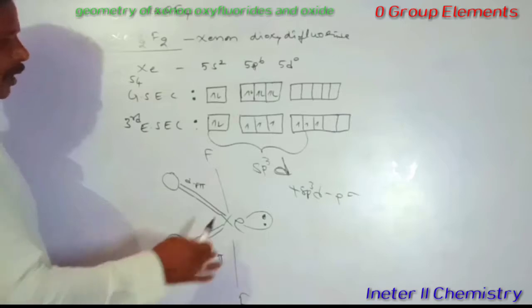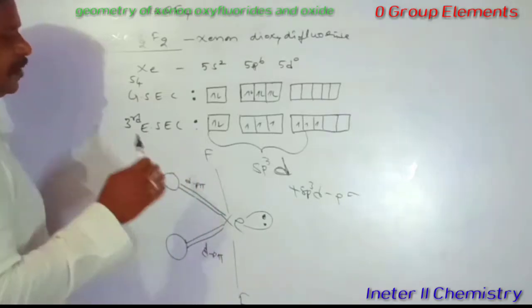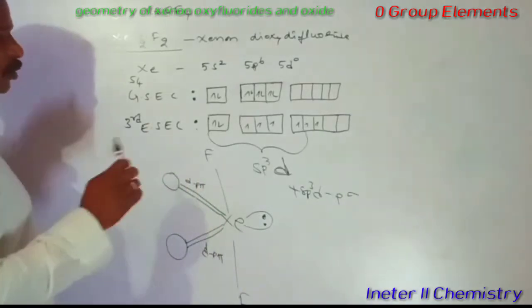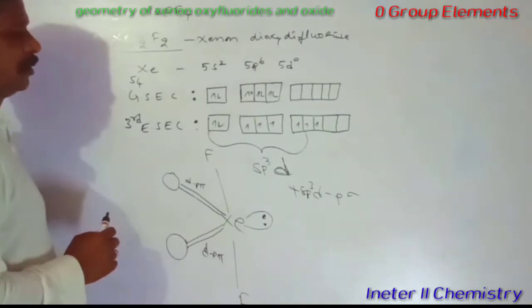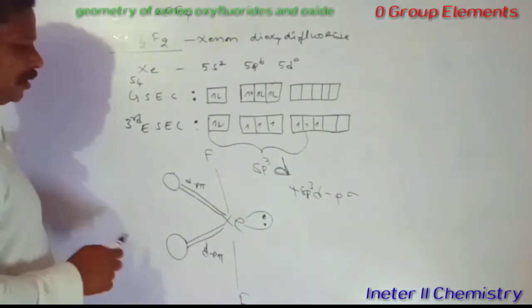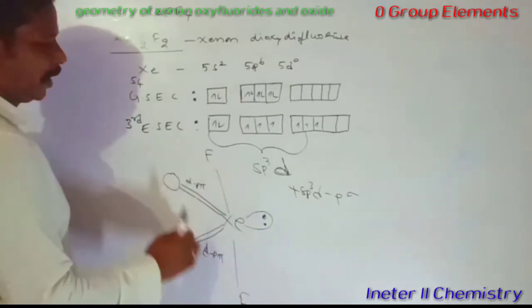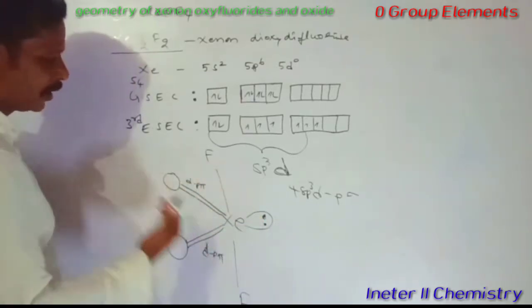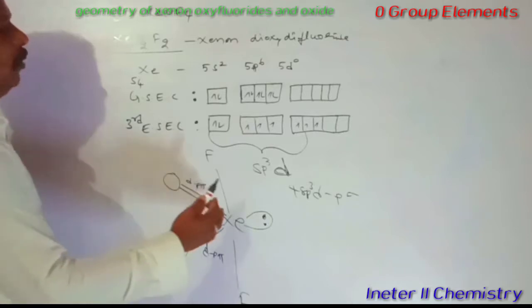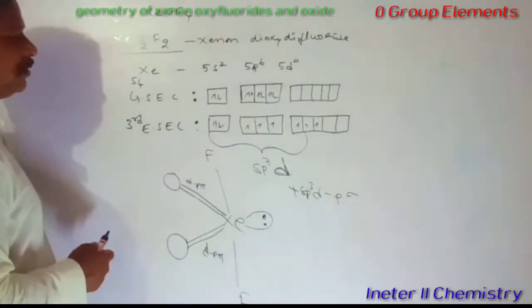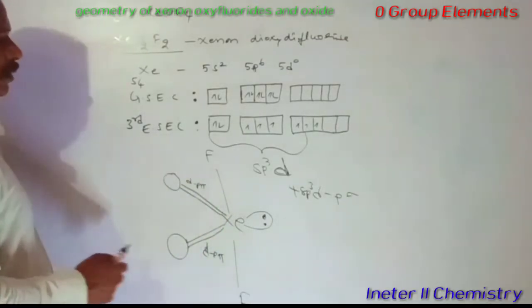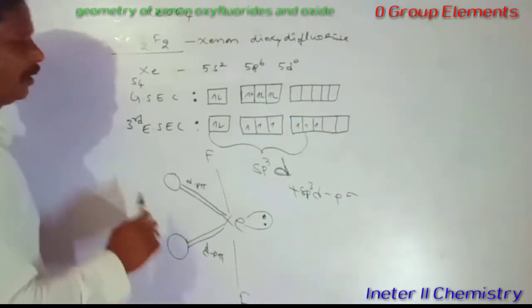So according to sp3d hybridization, what is the geometry of the molecule actually? It is trigonal bipyramidal. But here one lone pair is there. Due to the lone pair, the geometry of xenon dioxy dichloride looks like a seesaw.